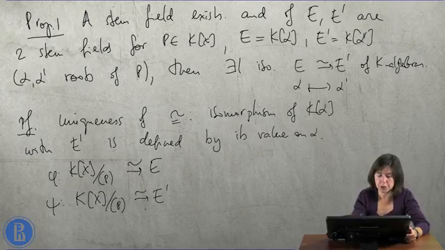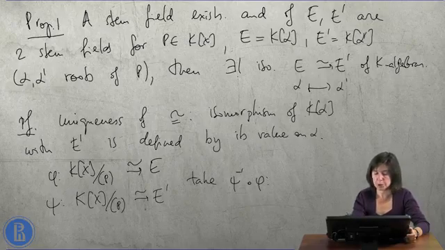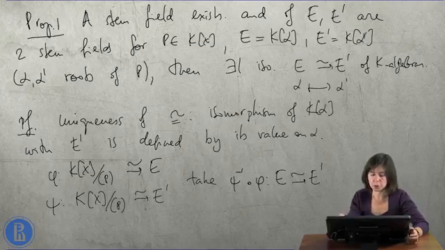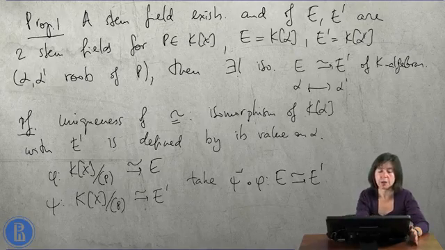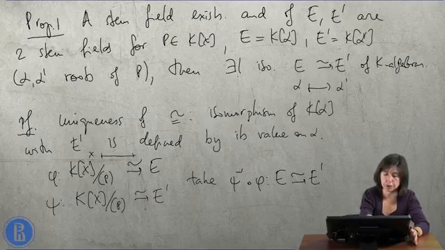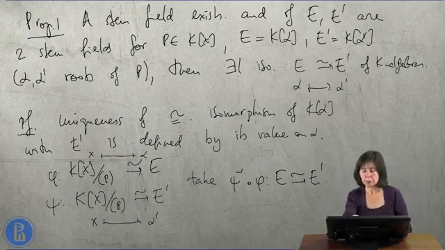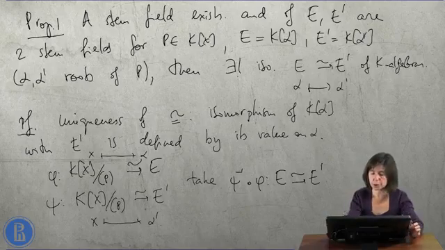And I just take psi inverse composed with phi. This will be an isomorphism between E and E'. And of course, it will take alpha to alpha'. So here it takes x to alpha. Here it takes x to alpha'. So my composition will take alpha to alpha'.